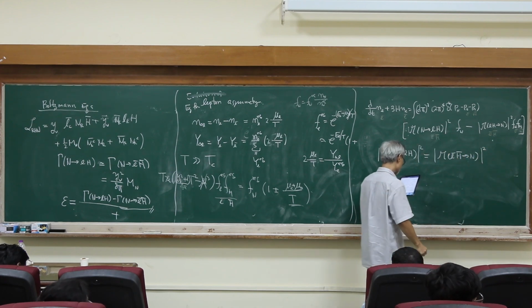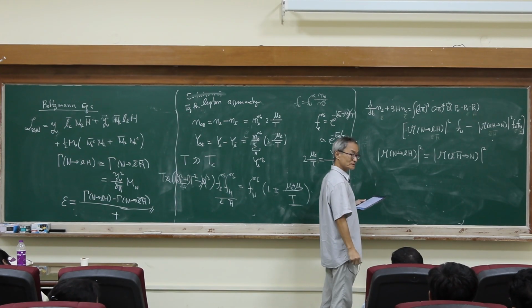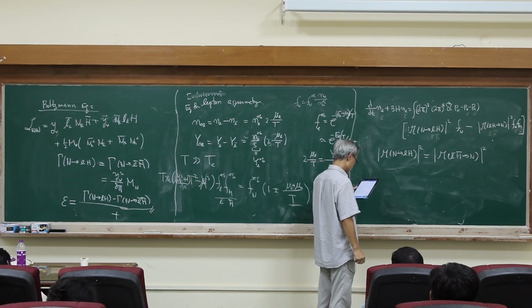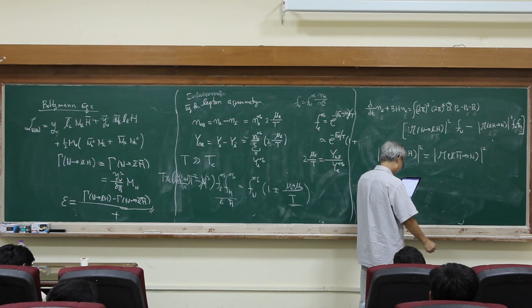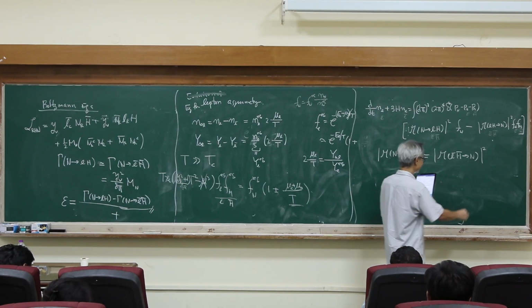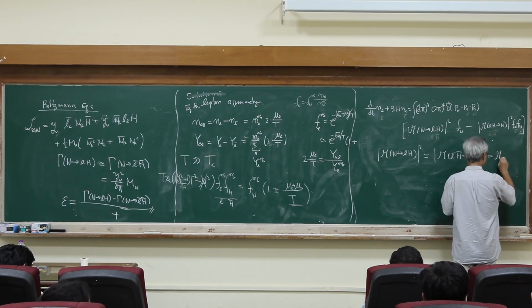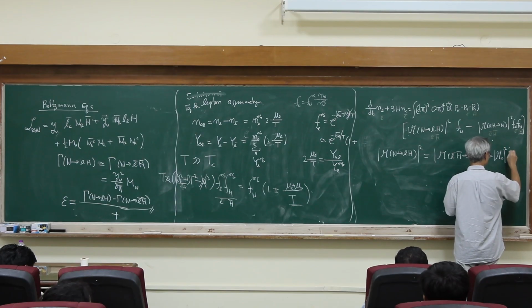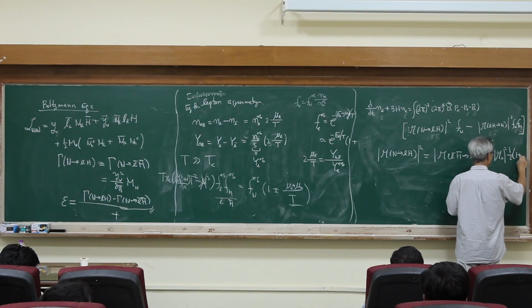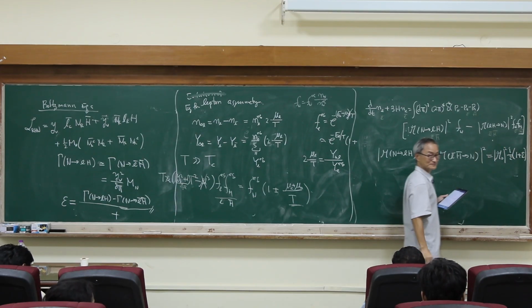This is an identity in quantum field theory due to CPT. So we quantify their difference by epsilon.